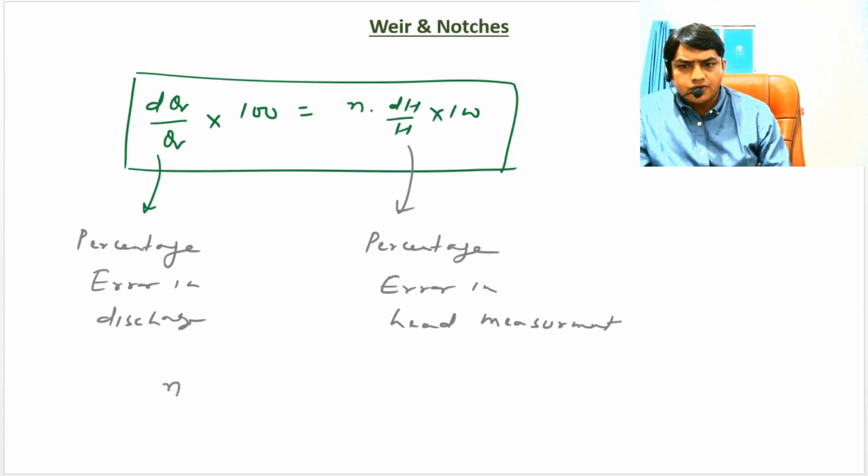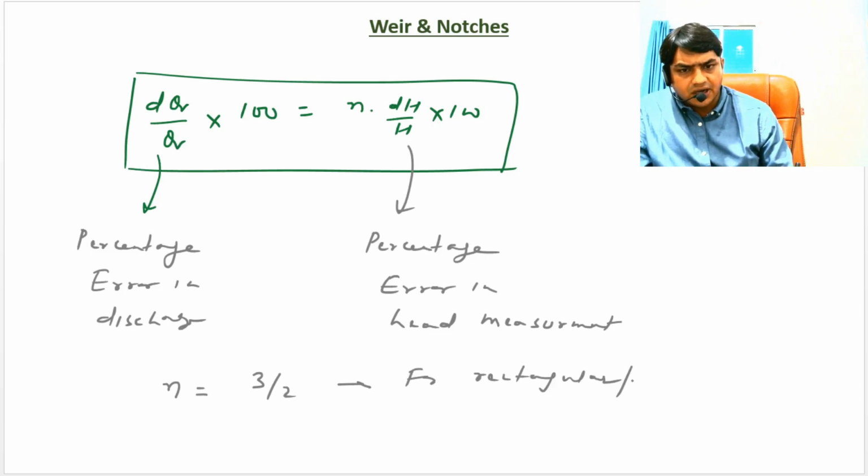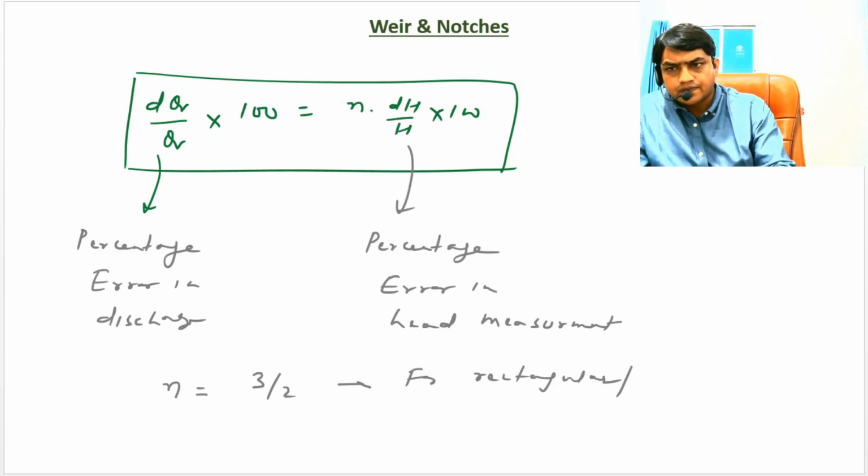And the value of n we have already discussed. The value of n will be 3/2 for a rectangular notch or weir.